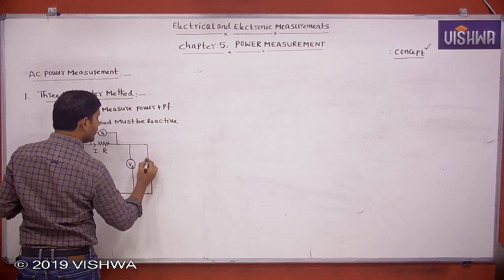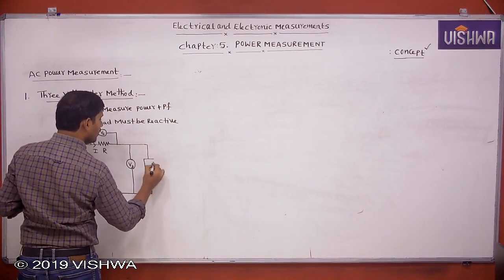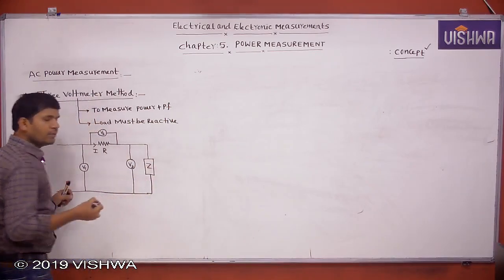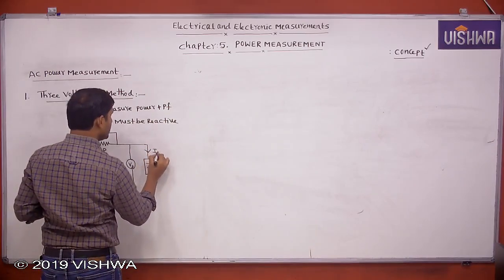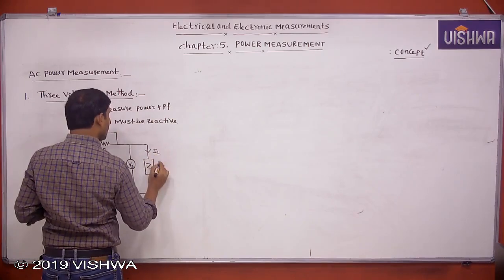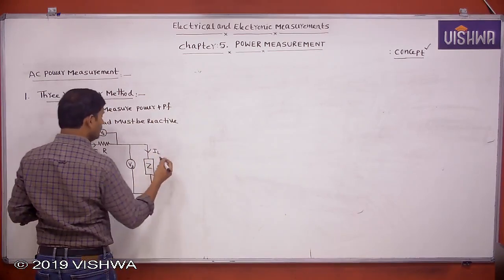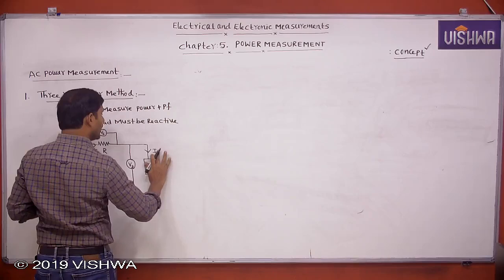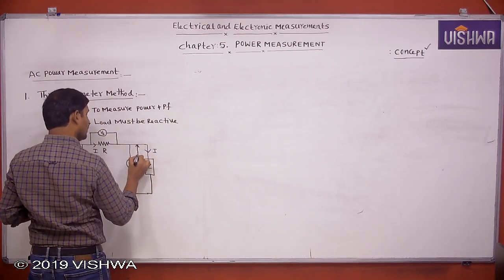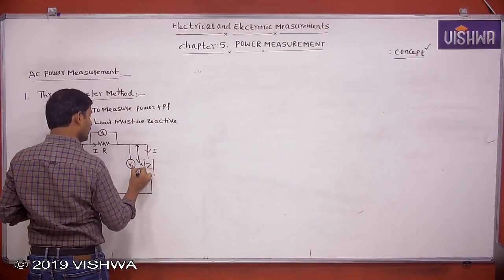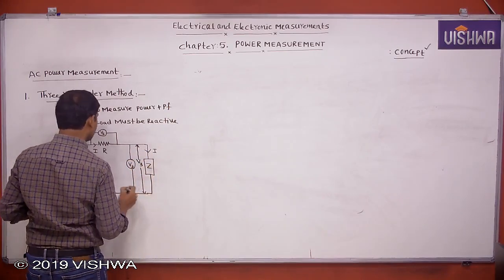Sorry, load must be reactive. Let me assume some reactive load. It may be a lagging power factor load. Let this be IL, or you take the load current as I. This is V3.